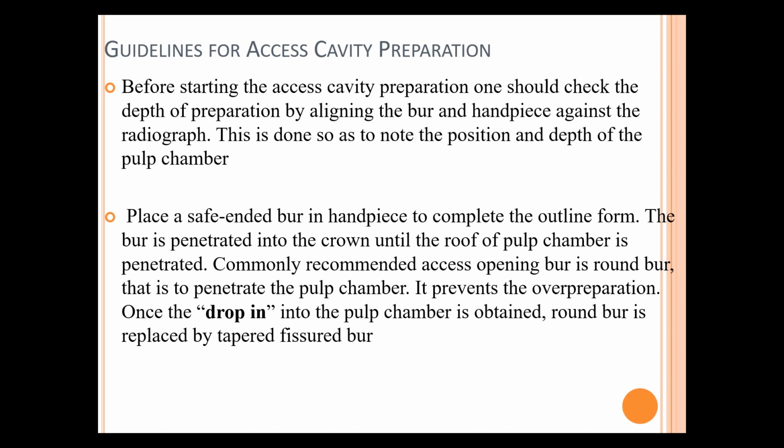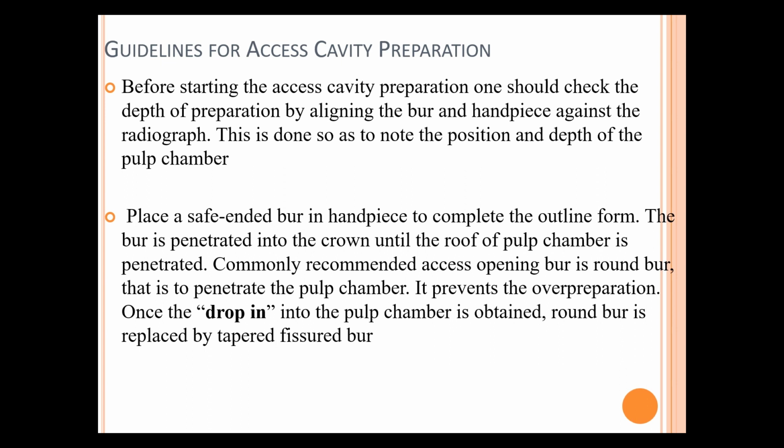Now coming to guidelines for access cavity preparation. Before starting, one should check the depth of preparation by aligning the burr and handpiece against the radiograph. This is done to note the position and depth of the pulp chamber. Place a safe-ended burr in the handpiece to complete the outline form.